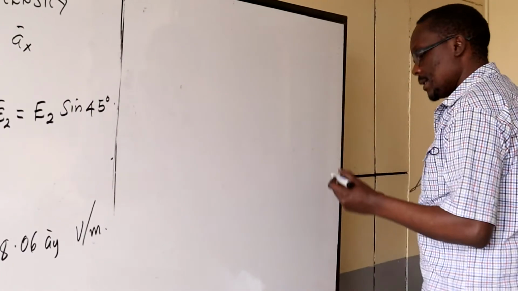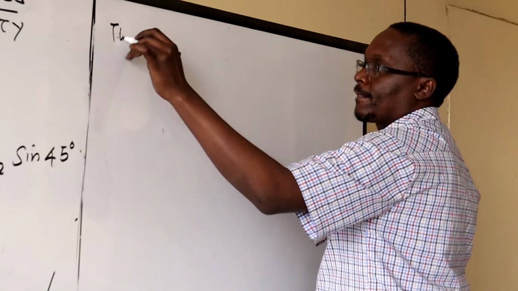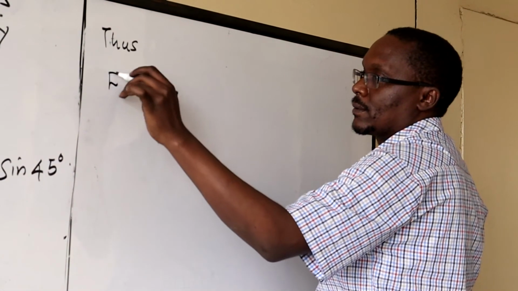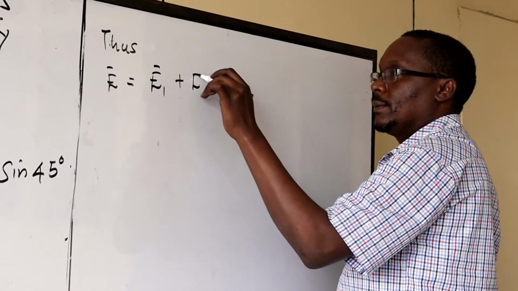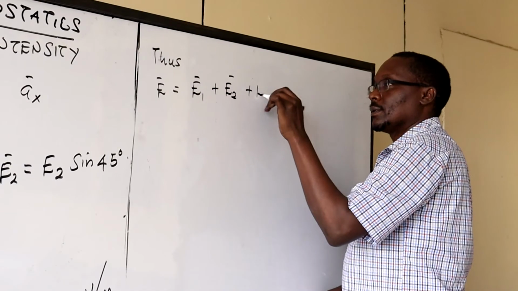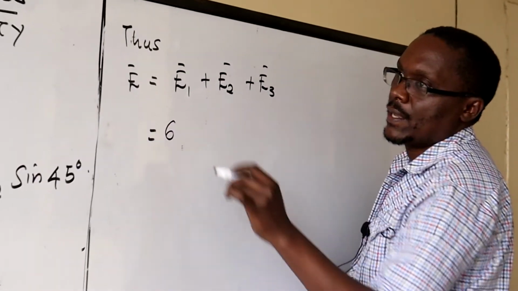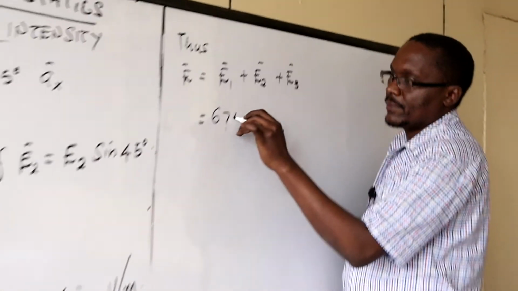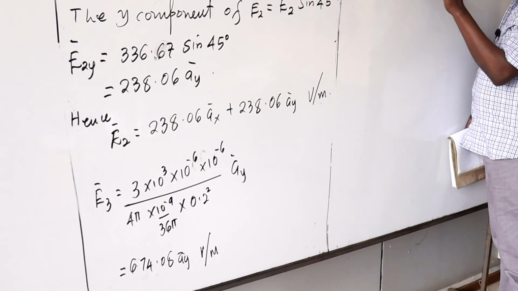So we can say thus E bar must be E1 plus E2 plus E3 bar, and this is 674.08 of AX.